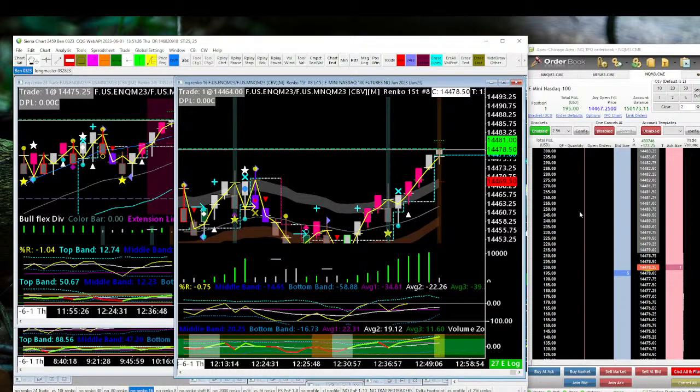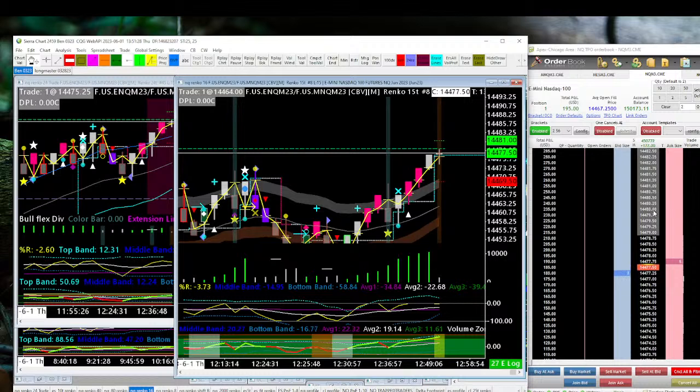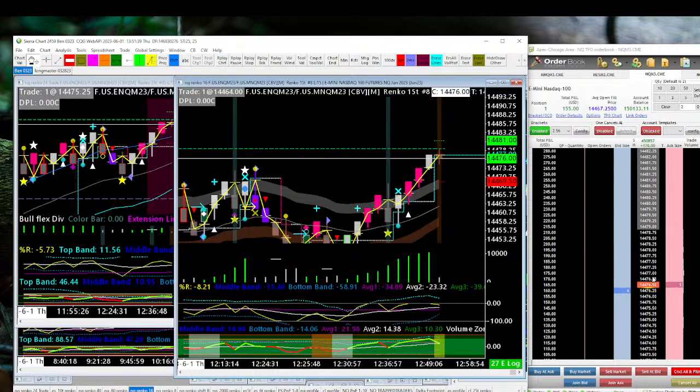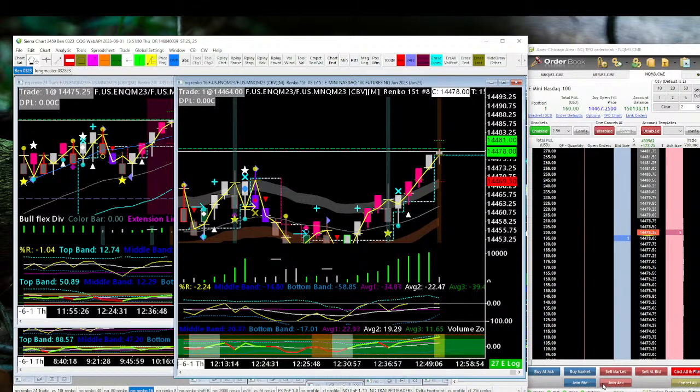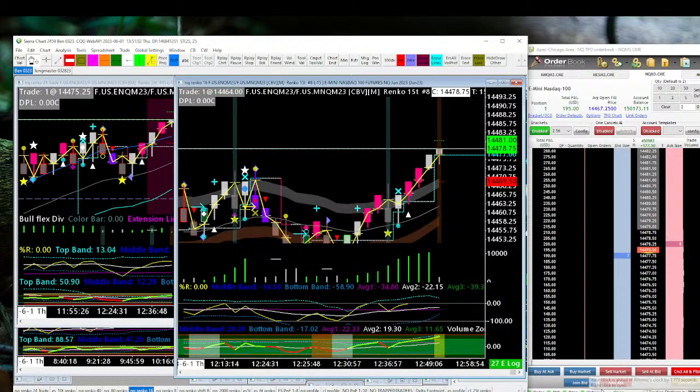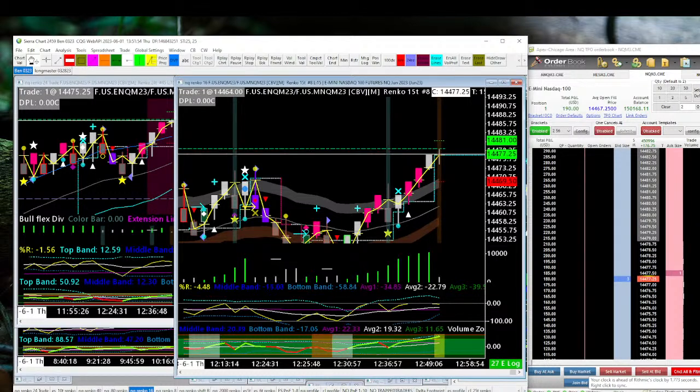I think it's right about here. So if it goes much higher, I've got to start being a little bit more conservative. But this is no different than where I was when I took the stop earlier, when it comes to where my max account drawdown is calculated from. And if I was willing to take the trade then, I might as well hold it now.